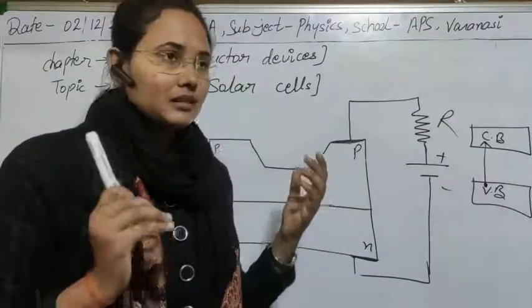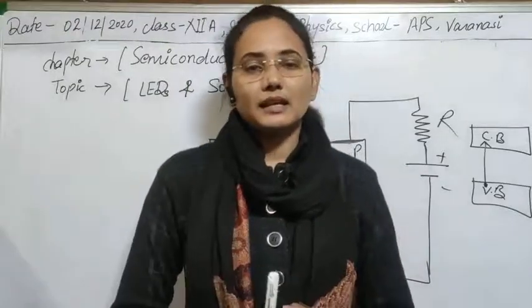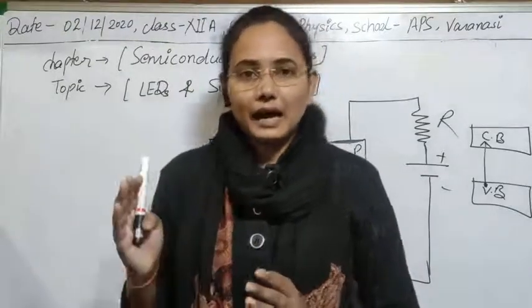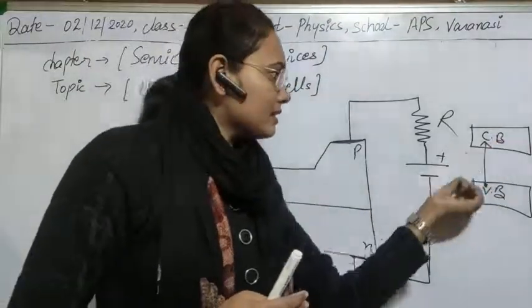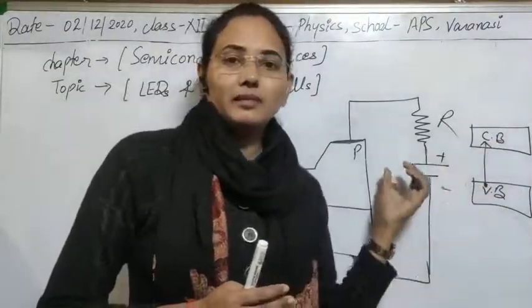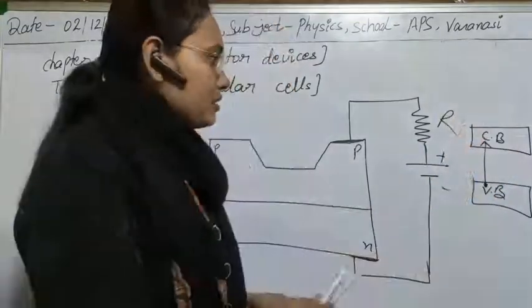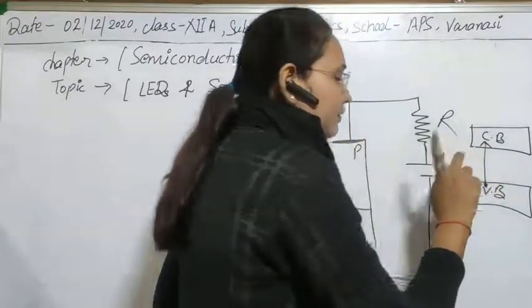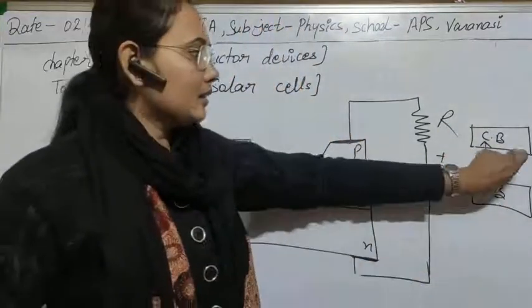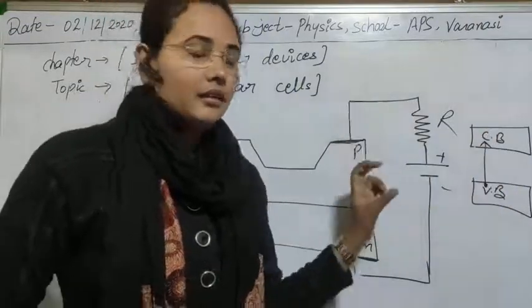If any electron goes from its ground state, from its valence cell, to a higher or excited state, that is when conduction takes place. In this process I have told you about the energy band gap, the energy gap between the conduction band and the valence band.